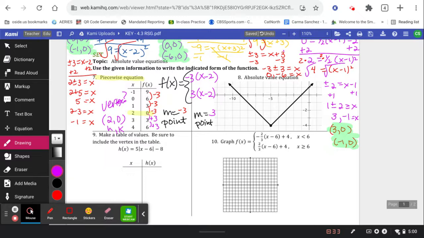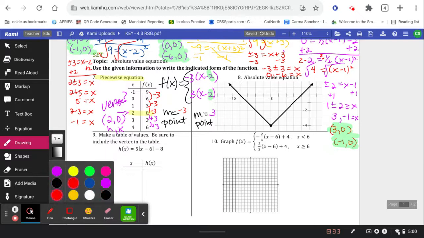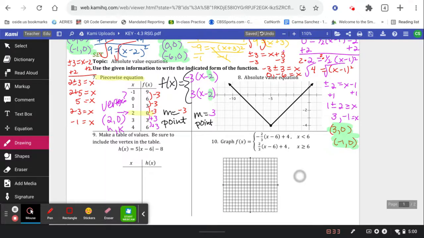We now just need to do the domain. So notice that it goes from -infinity all the way up until 2, and then from 2 until infinity. And we knew that because we knew that we were supposed to focus on this number anyways for our domain. So here I go writing the domain. It goes from -infinity up to 2, and then from 2 to infinity.